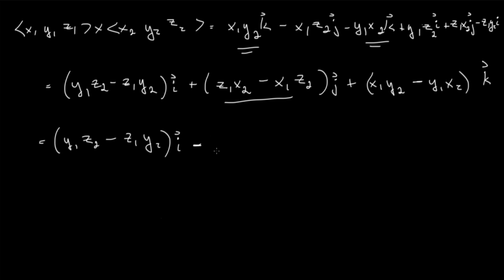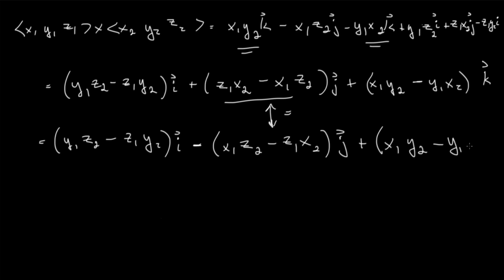I'm going to have a minus x1 z2 minus z1 x2 times j. Go ahead and verify that these two things are the same. And then down here, I still have that alphabetical nature, so I'm happy over here. I do want to write an x and not a z though. Cool. All right, there it is.